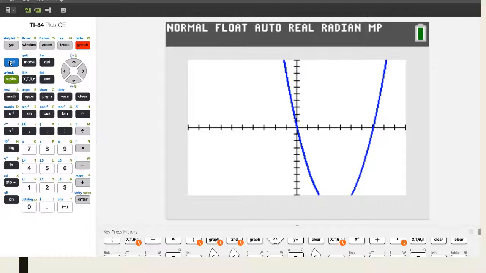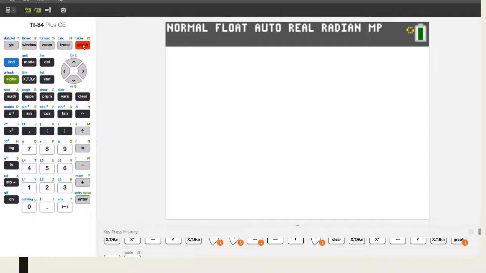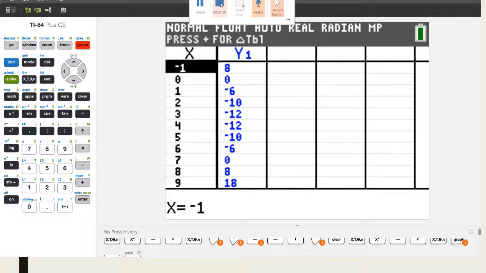Let's take a look at the table, and we should see that we have two x values with a y of 0, x equals 0, which is right here, and x equals 7, which is right here. That means that our work is correct.